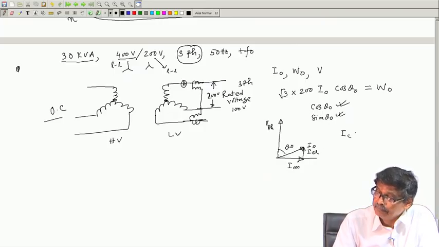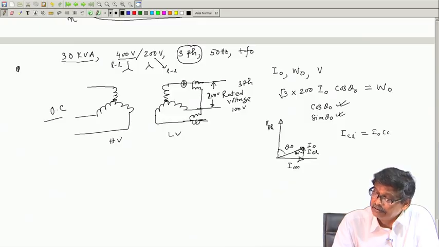ICL is equal to I naught cosine theta naught, and I m is I naught sin theta naught.